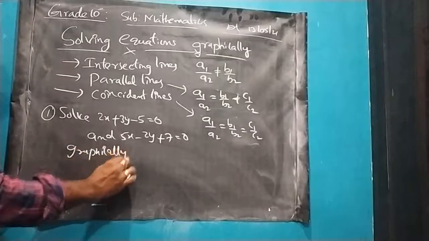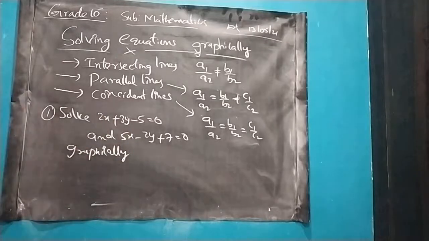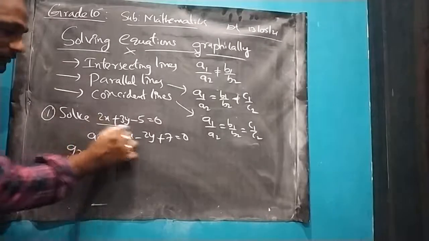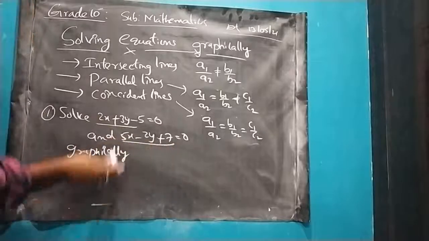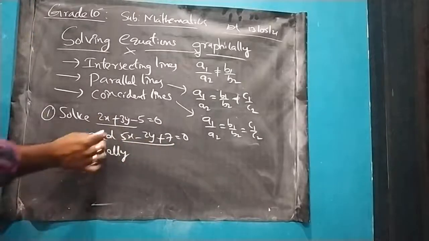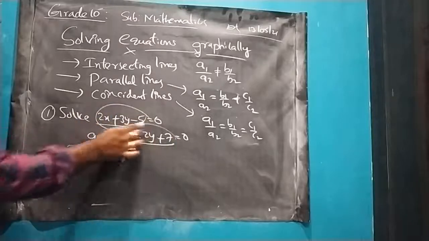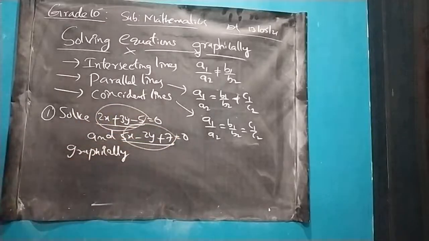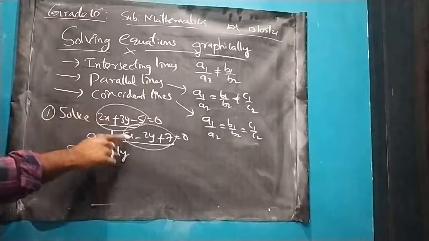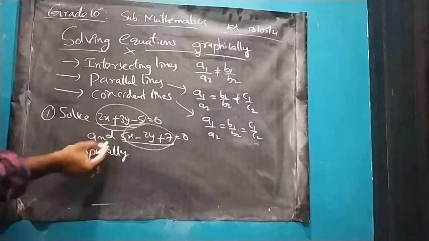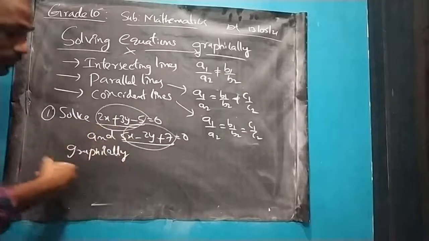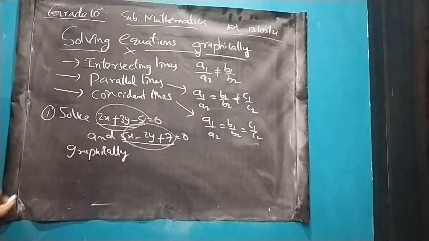In this case, directly we can find the x value and y value and substitute, as we have done in our lower classes. But in some answers, confusion will happen about whether my answer is correct or not.